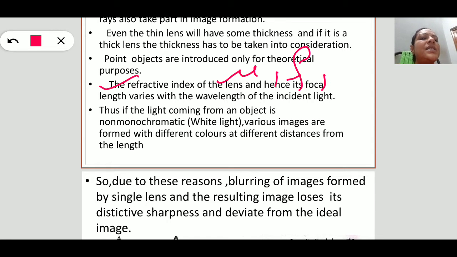That means refractive index and focal length vary with the wavelength of the incident light. So we can't get a clear image of the object.